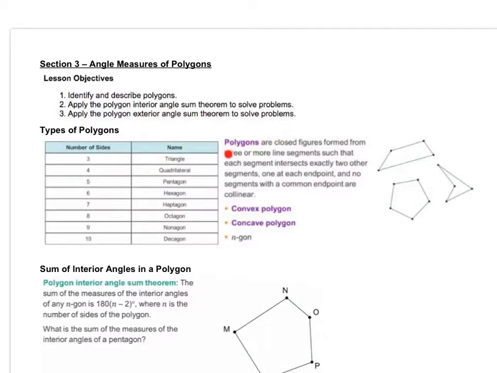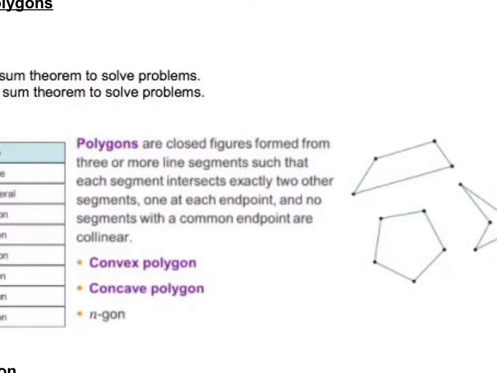Let's first talk about what a polygon is. A polygon is a closed figure formed with 3 or more line segments, so it's a shape with 3 or more sides. I'm going to write that down here.